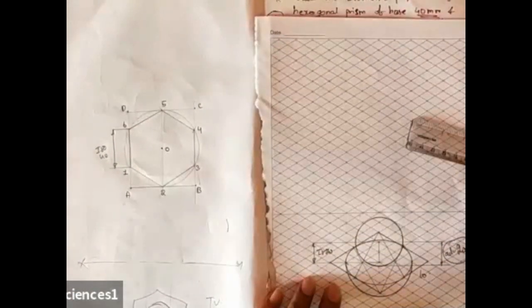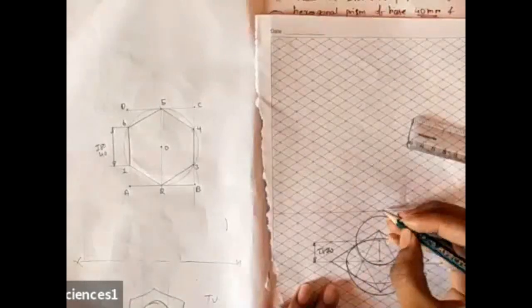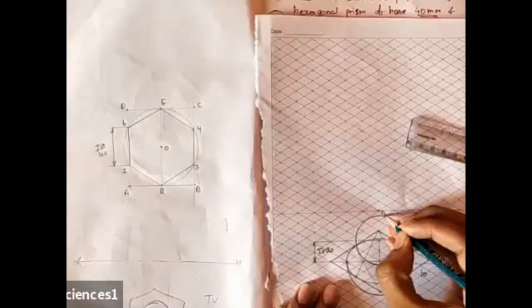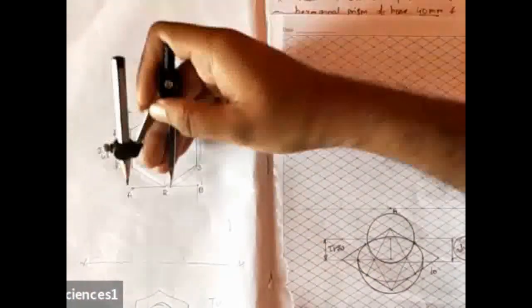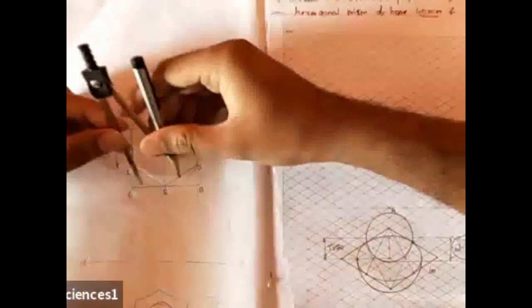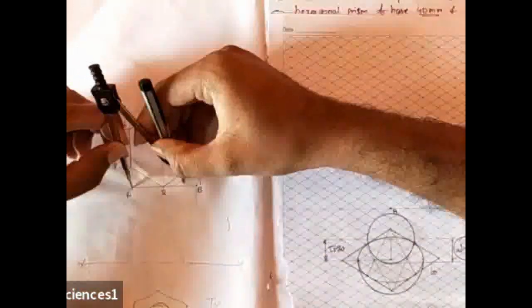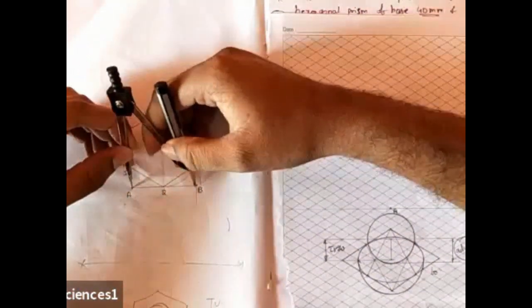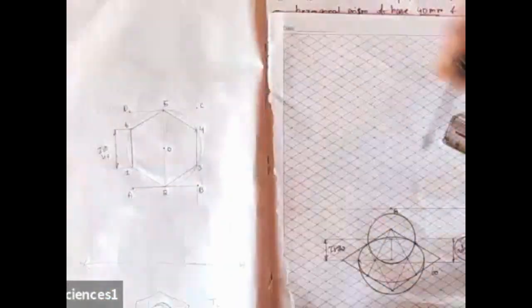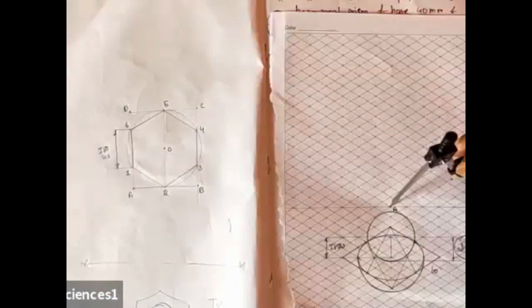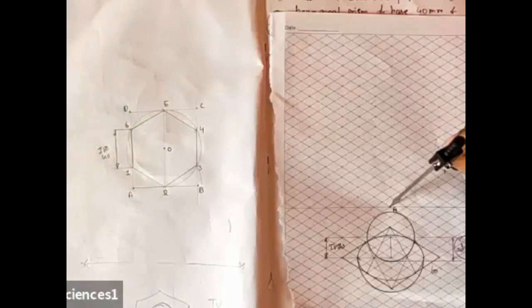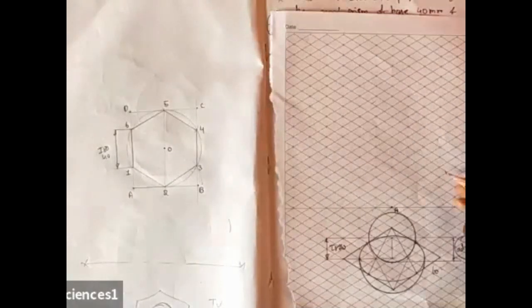I'll start from point A. In your compass, measure the length from A to B, and transfer that length from point A to B on a 30-degree line. So this is your point B.